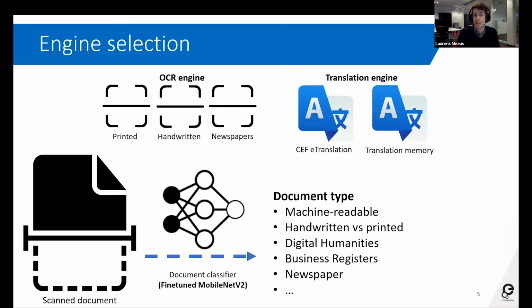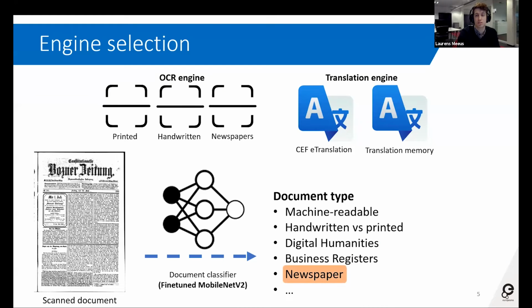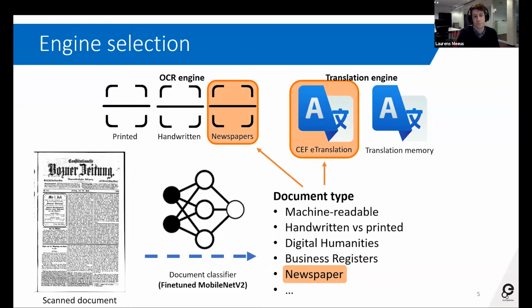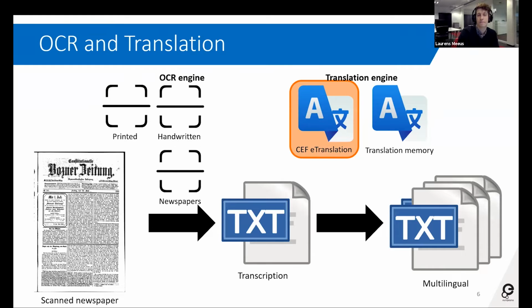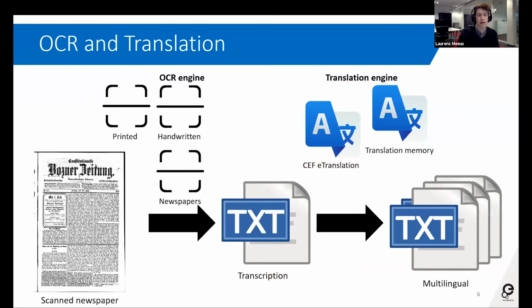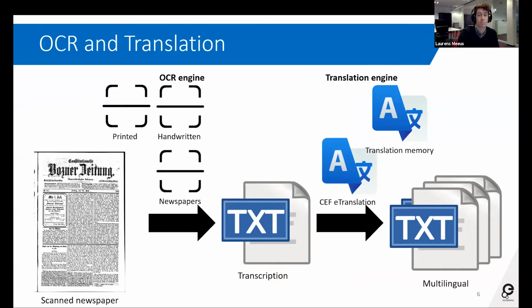But to help the user in selecting the best engine, artificial intelligence is used to detect the type of document that is given. And based on the detected document type, the optimal engine will be suggested. This allows for better results without the need for you to find the best settings yourself. These three major components allow the automated translation of our scanned document.